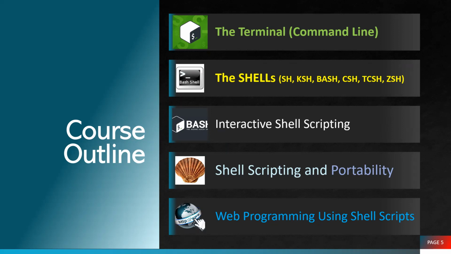Shell scripting and portability. Shell scripting by default, whether you use it on Bourne shell or Korn shell or C shell or TC shell or ZSH, if the platform that you're using, whether it's Unix or Linux, mostly shells are portable. However, the syntax of the command that you pass on in your file, that is not portable.